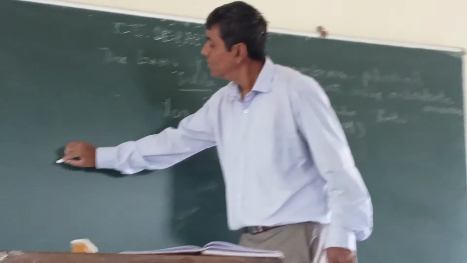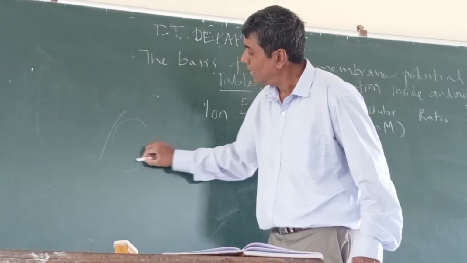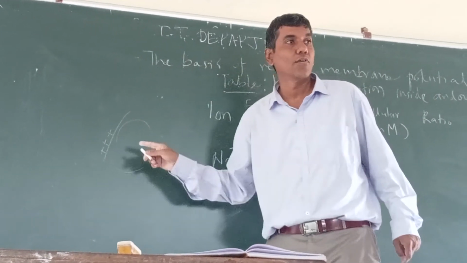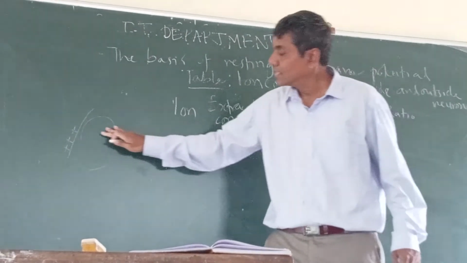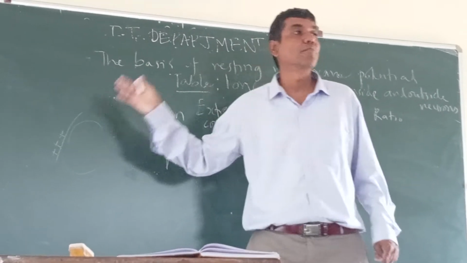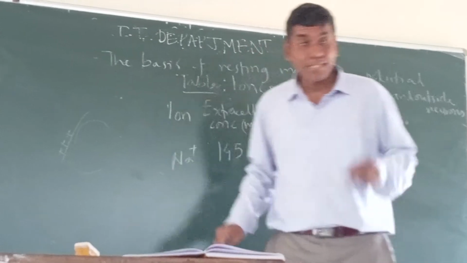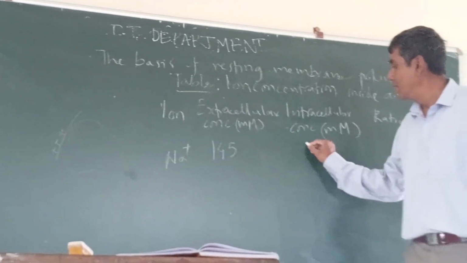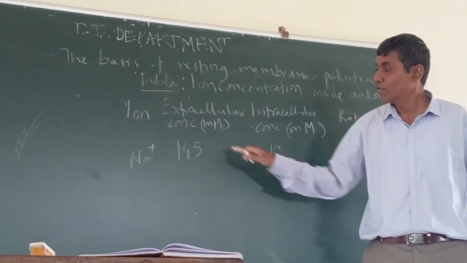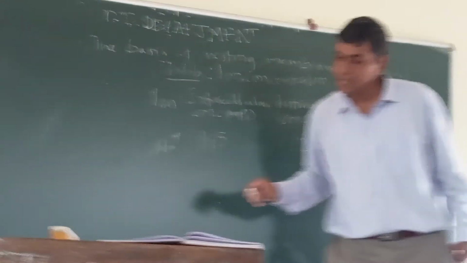For example, this is the plasma membrane and this is the cytosol; outside, sodium ions are more, and in the cytosol or cytoplasm, the potassium ions are more. Then the intracellular concentration of sodium is 12 millimolar, and the ratio is 12.